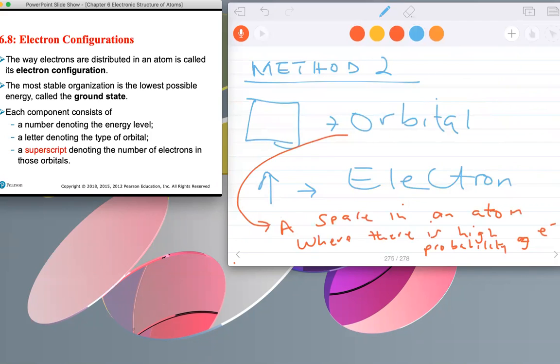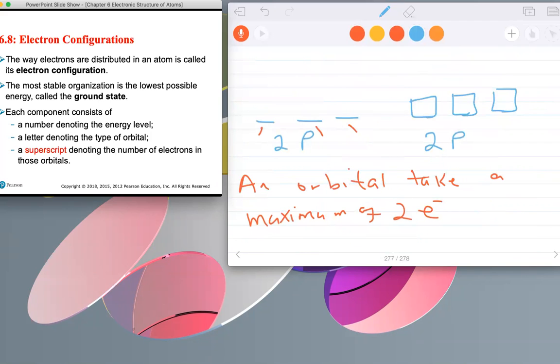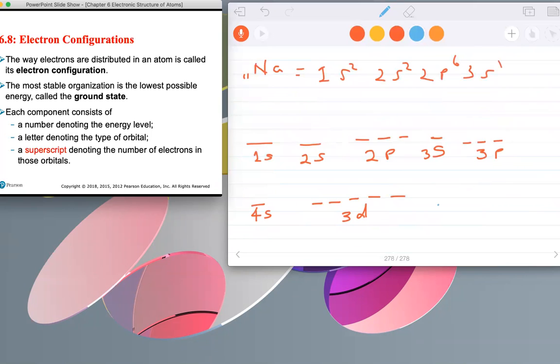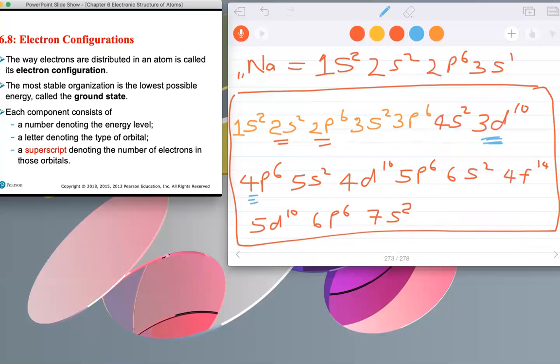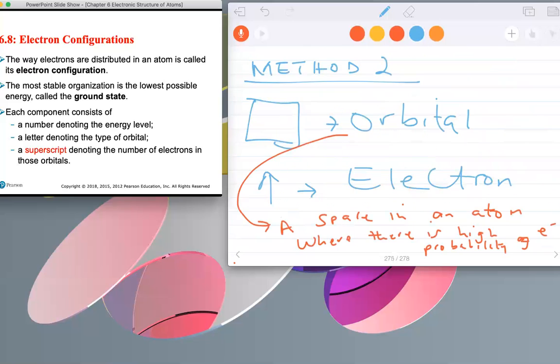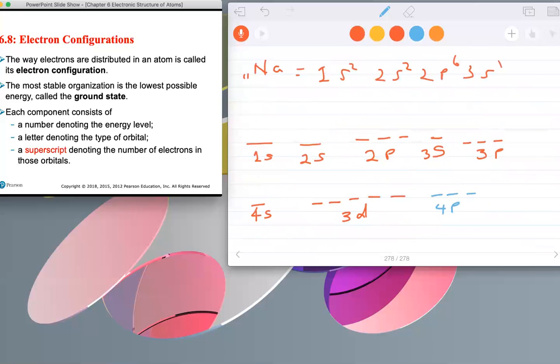So from this pattern, you should know that next is 4p, and it has 3 orbitals. After 4p, what is the next sublevel? It is 5s and then 4d. So this will be my 5s, and then 4d.